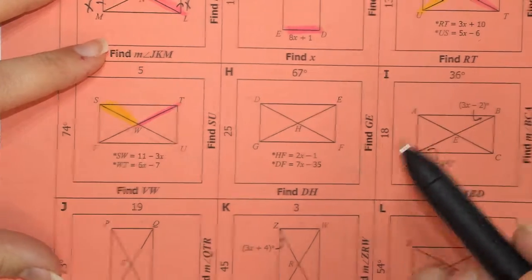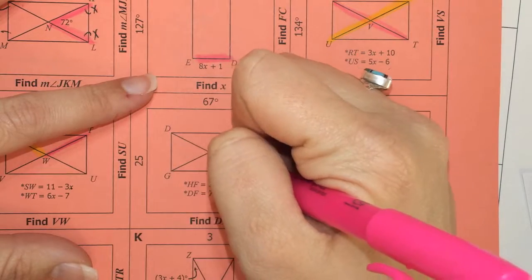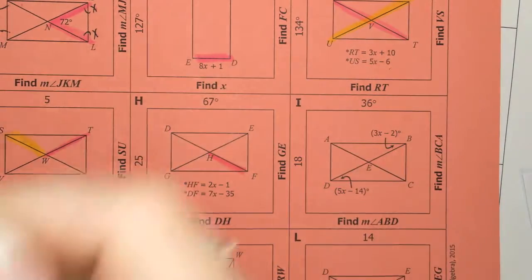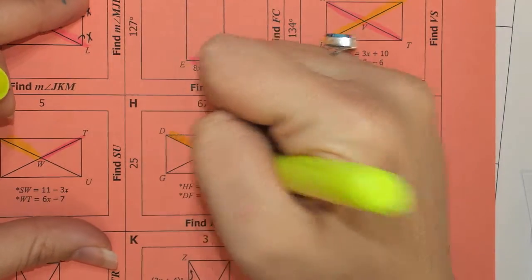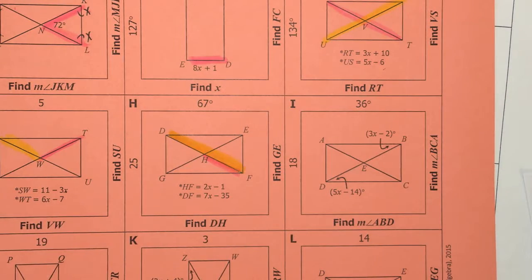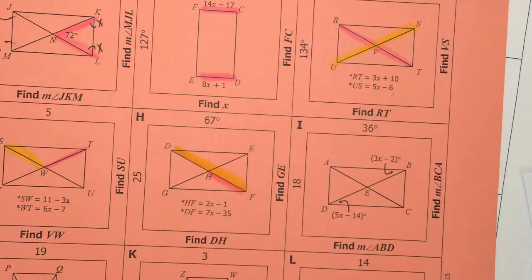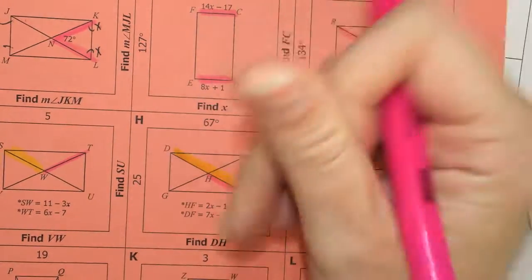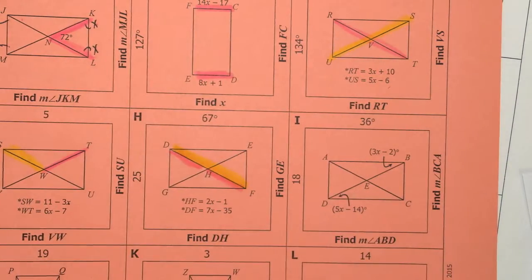Yep. All right, now H, they give you part of the diagonal, and then they give you the entire diagonal. But what do we know about HF? It's congruent to what? DH, that top one. And don't we know what HF is? What is it?